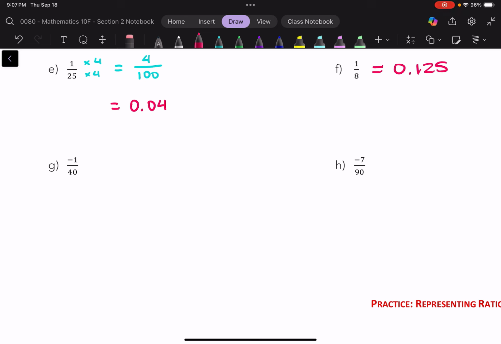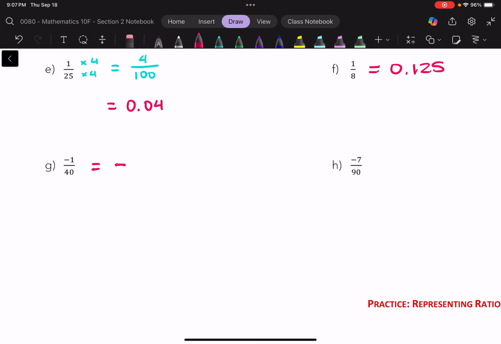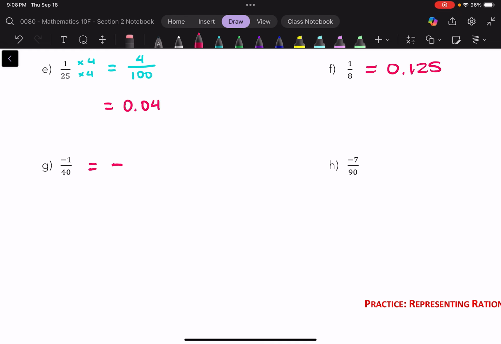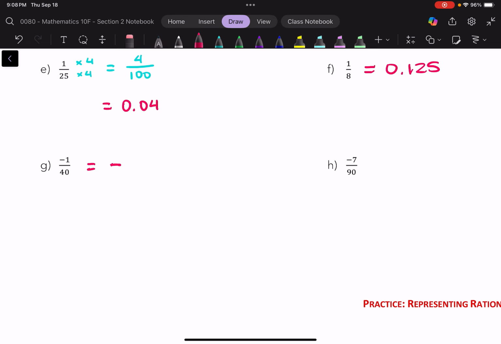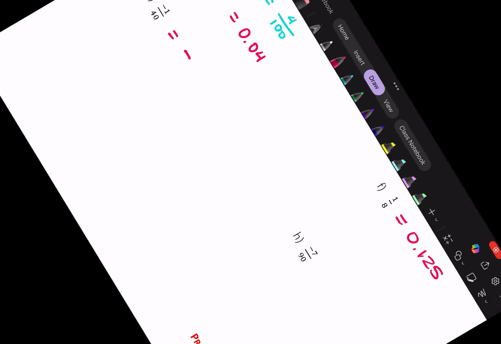The next one, G, I get -1/40. Now again, I know that's negative off the bat, so I'm just going to slap a negative on there. And 40 isn't one of those denominators I know and love, but if I were to briefly ignore the 0 in the denominator, it kind of looks like 1/4. And I know 1/4, it's one of my sight fractions. It's 0.25. But I know that having an extra 0 in the denominator will shift the decimal place over 1.